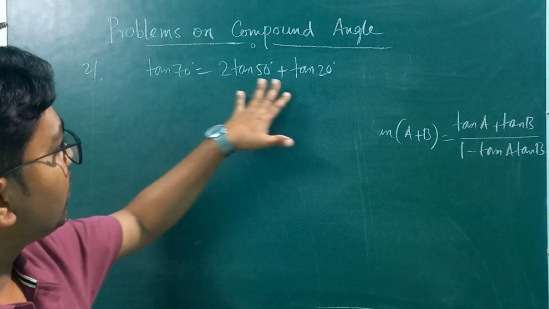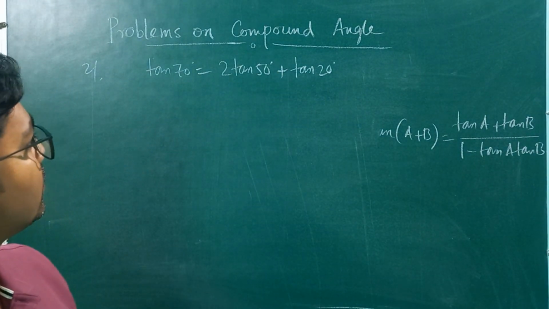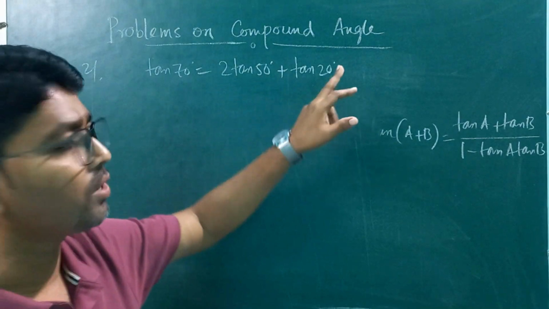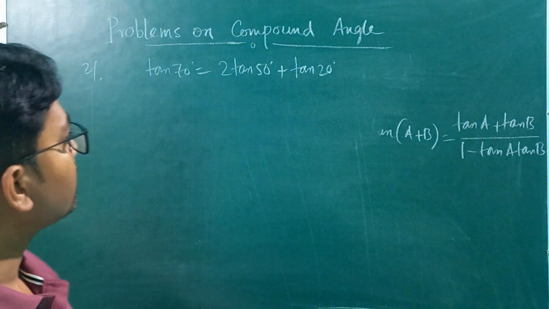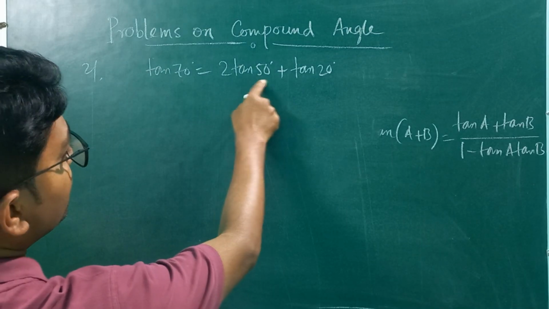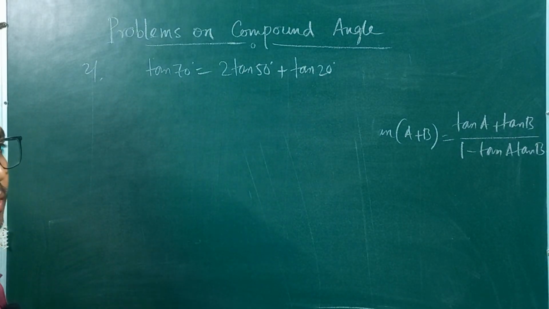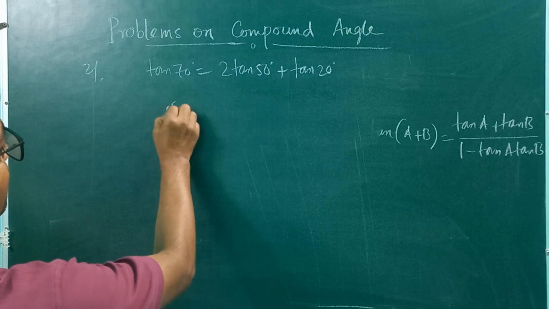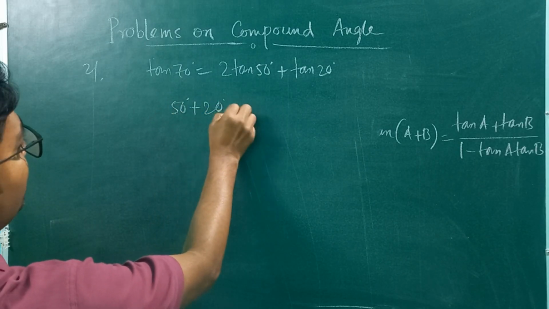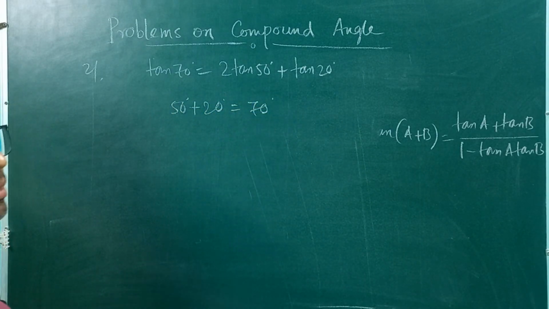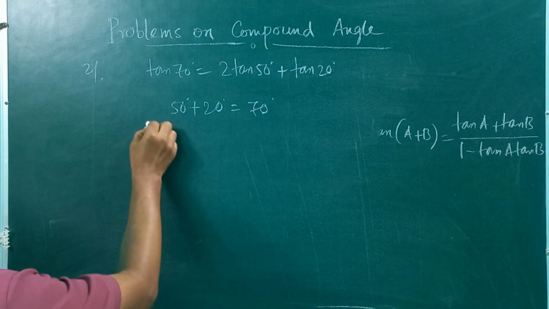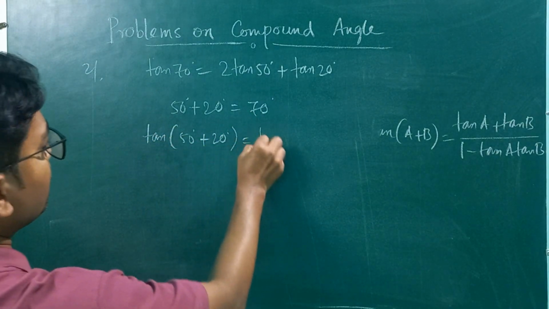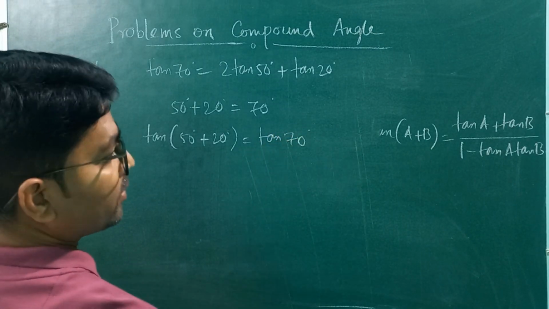Now how can we approach this problem? See, here are three angles, 70 degree, 50 degree and 20 degree. And what you see here is 50 degree plus 20 degree equal to 70 degree. So we will approach in this way: 50 degree plus 20 degree equal to 70 degree, and we apply tan on both sides, that is tan 50 plus 20 equal to tan 70 degree.